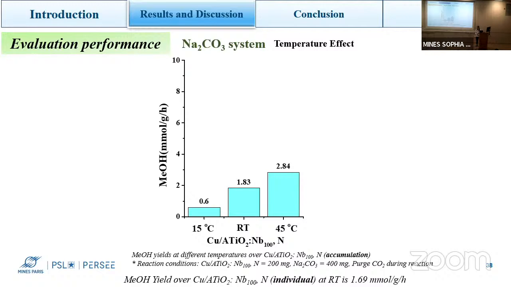Yes. Okay. And regarding the solubility, how does the solubility vary with the temperature? This is for the sodium carbonate system, because we are using sodium as a base in our solvent. So solubility should be avoided. It's not a problem we can consider in this system.